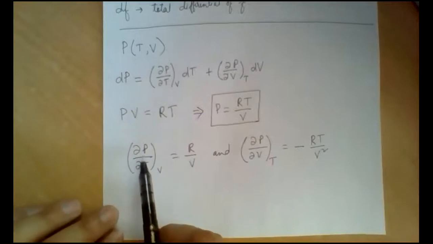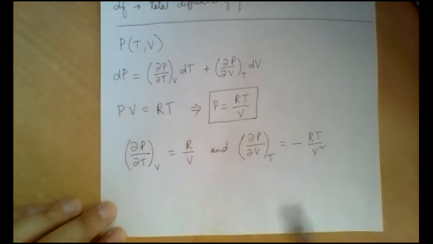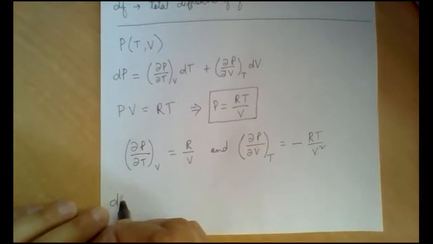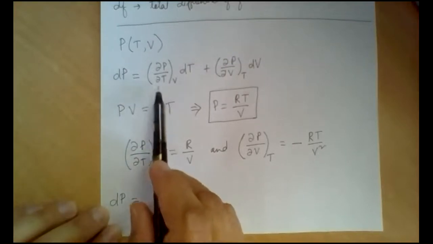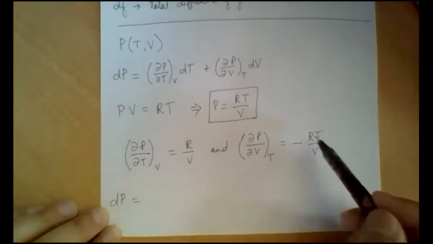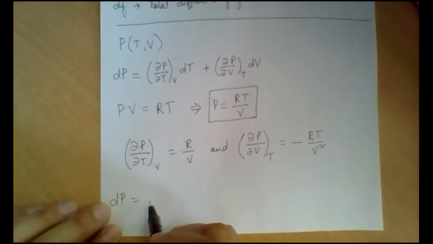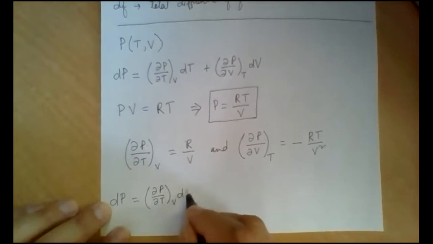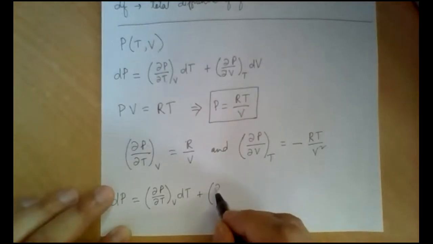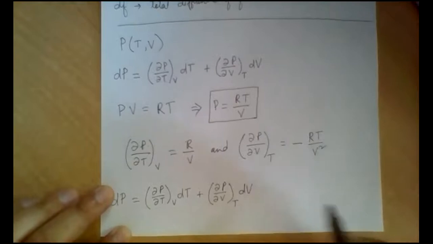So we get del P by del T at constant volume and del P by del V at constant temperature. The total differential of the pressure is given by this expression. We substitute these values here. Let us write it first: del P by del T at constant volume times dT plus del P by del V at constant temperature times dV.